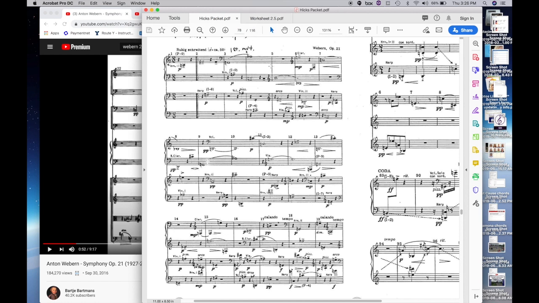So he says, okay, the way to do that is I always have inversionally related row forms, P and I. It could be R and RI, but he always chooses P and I. In this case, P0 and I0, I8 and P4. Well, what do these row form pairs have in common?